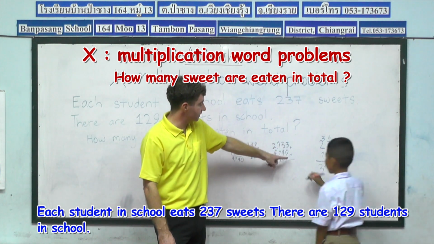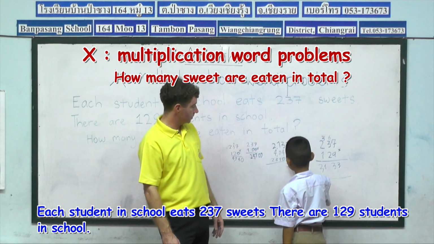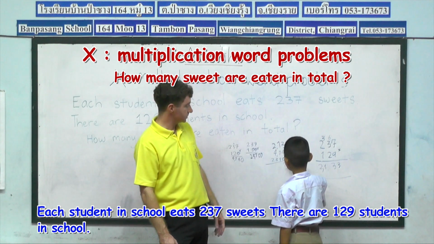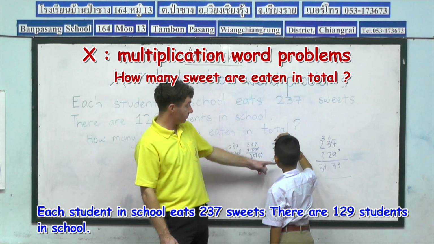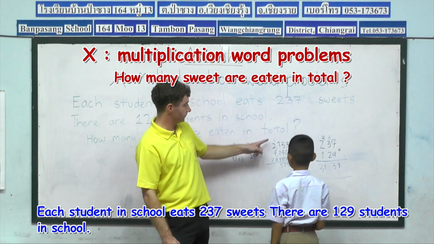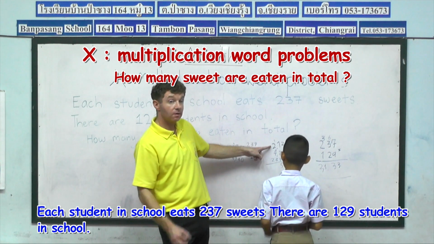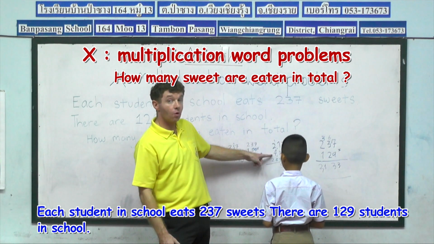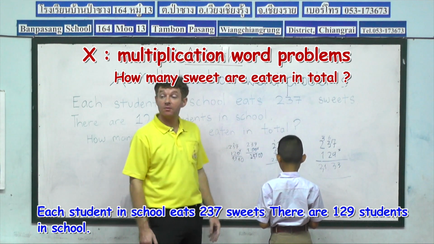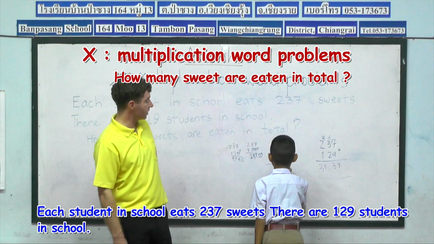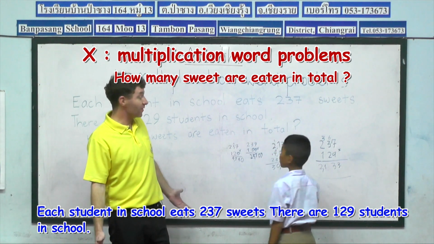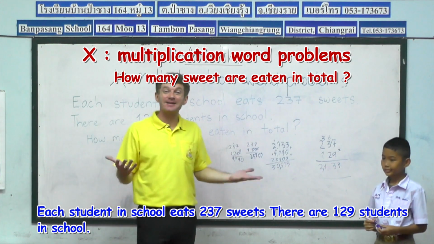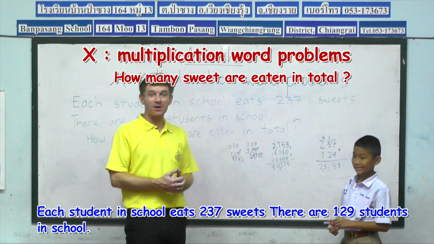3 plus 0 plus 0. 3 plus 4. 1 plus 7. Plus 7, 15. 1 plus 2. Plus 4. 10. So 0, carry the 1. 1 plus 2. Perfect. Bangpon has correctly worked out the multiplication word problem.